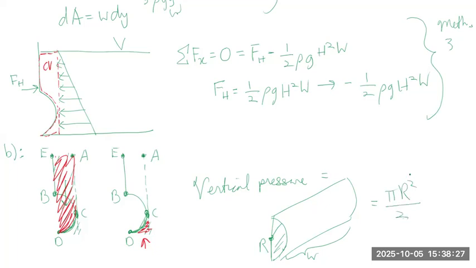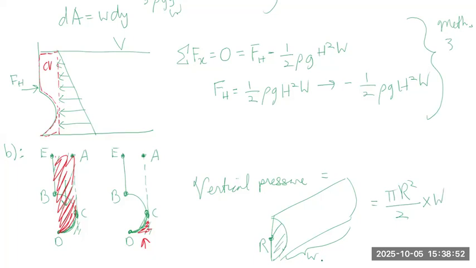That's the area of the semicircle times the width of the cylinder. This will give us the volume of this semicircular volume.